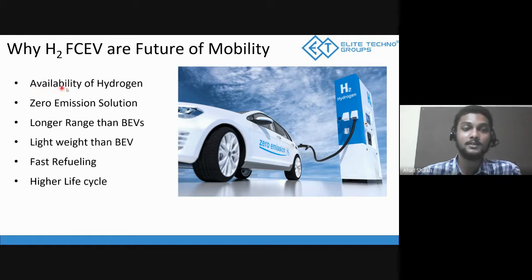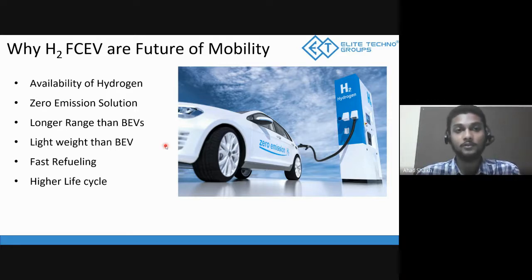One major advantage is the availability of hydrogen. In battery electric vehicles we have lithium batteries, which are most popular. The extraction of lithium is a difficult process, and it's not equally available in all the countries of the world.